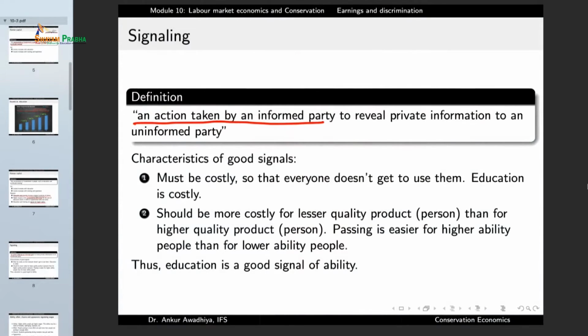Now, there are certain characteristics of good signals. These signals must be costly so that everyone doesn't get to use them, which means that if you use a signal, suppose there are two candidates who have come for a job interview, and the first candidate says that, sir, I am very fond of Jagjit Singh songs. The second candidate says, sir, I am very much fond of Kishore Kumar songs.